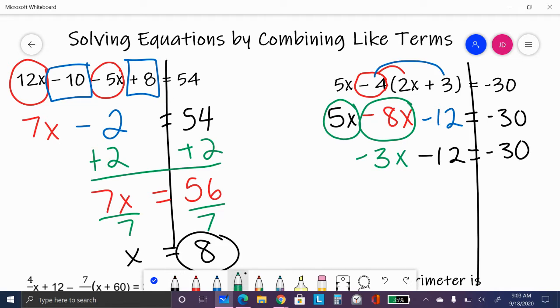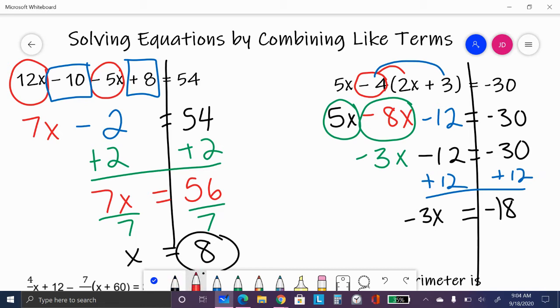We're going to add 12 to both sides, and we get negative 3x is negative 18. I forgot to say the teen at the end.